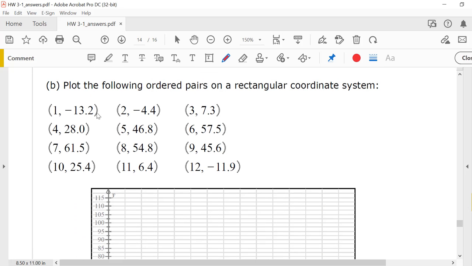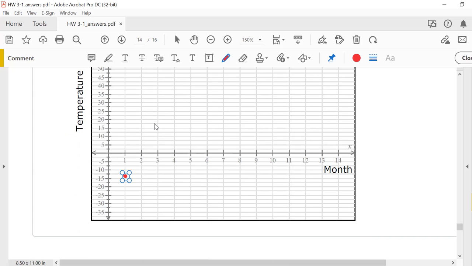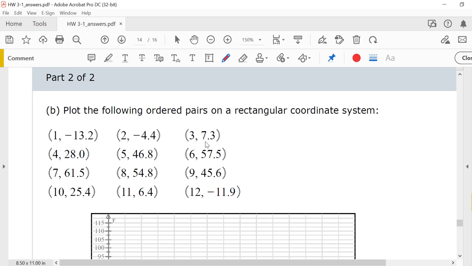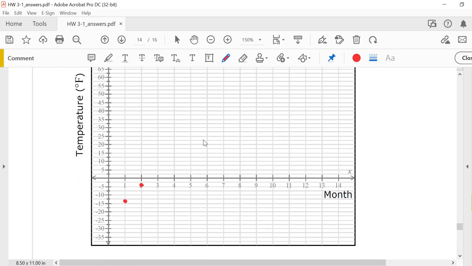For the second point, 2, negative 4.4. So 2, and then negative 4.4. There's negative 5, so it's going to be about right there. For the third point, 3, 7.3. 3, there's 5, there's 7.5, so just a little bit below that line is 7.3.